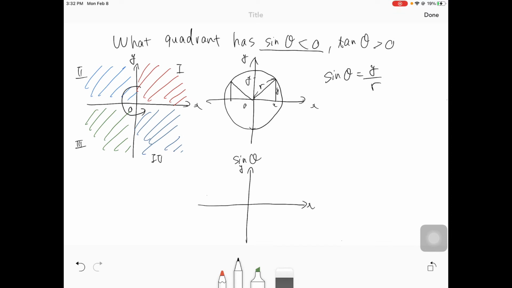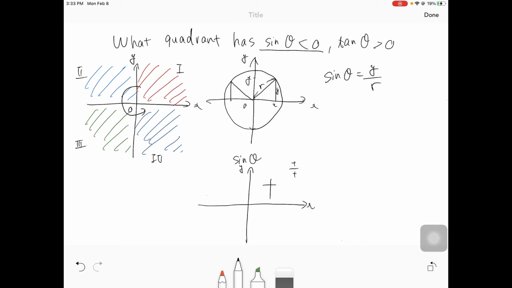Sine theta is going to be y over r, right? Let's think about the first quadrant. In the first quadrant, y value is always positive, and r is the radius, so it's always positive. Positive divided by positive is positive. So this means in the first quadrant, sine theta is always positive.